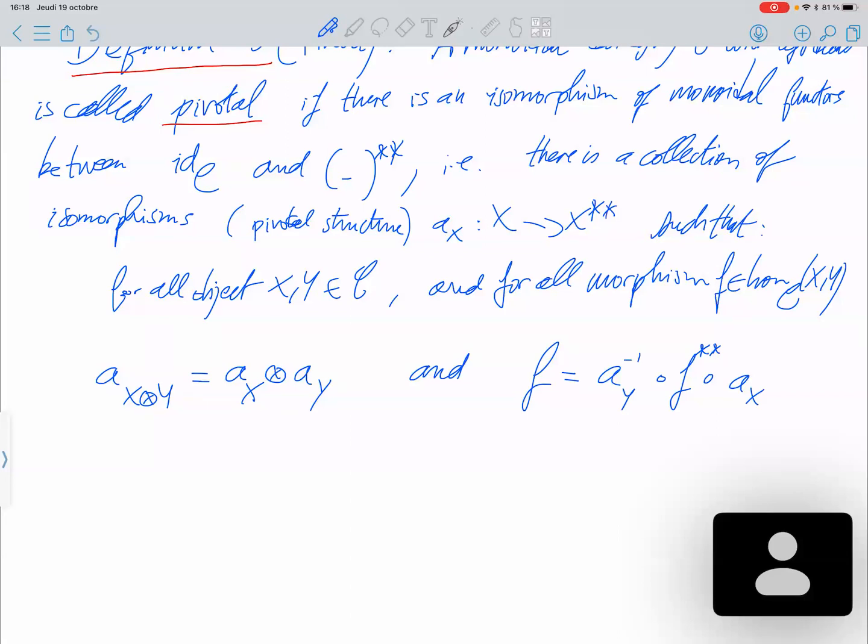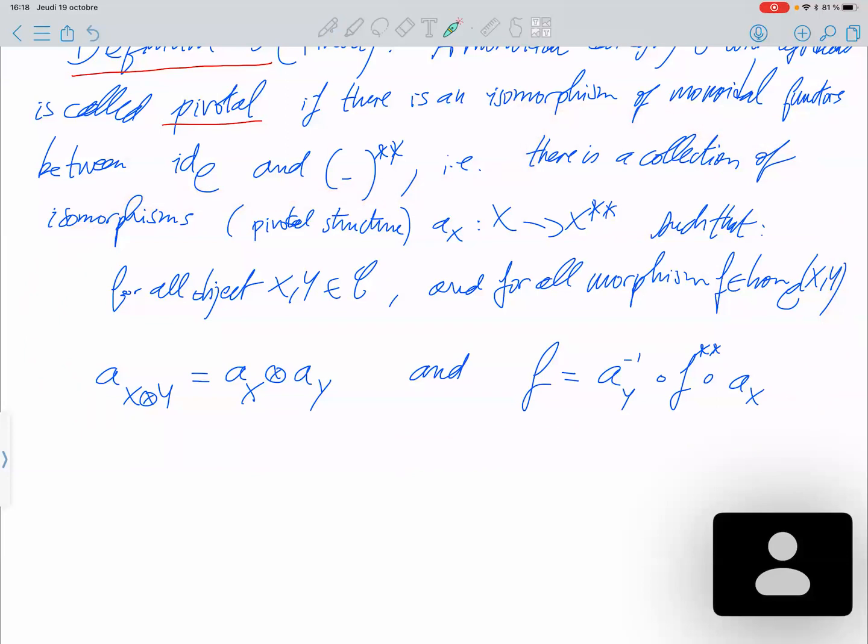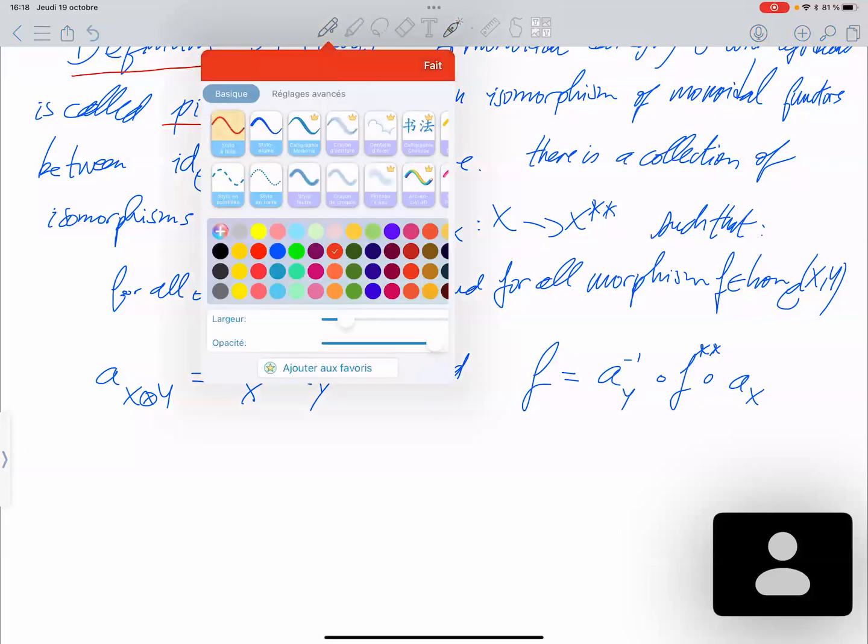The pivotal structure A_X is a morphism between X and X double star, an isomorphism. So this is the definition of what should be a monoidal functor between the identity functor of the category and the double dual functor. Let me draw a picture here.